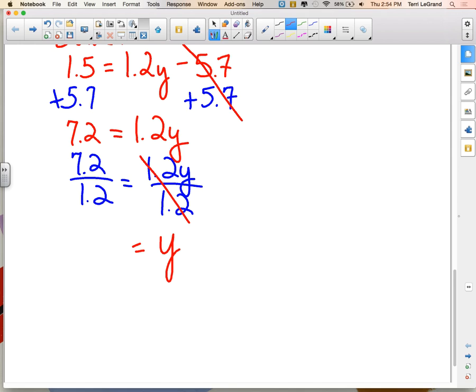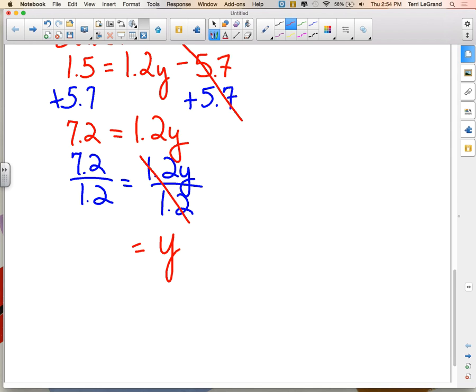What happens when you divide with decimals? Anybody know what we can do to make this? Remember the rules for dividing by decimals? Well, then you're going to do it like this. You're going to say to yourself, how many times can you take 1.20 out of 7.20?